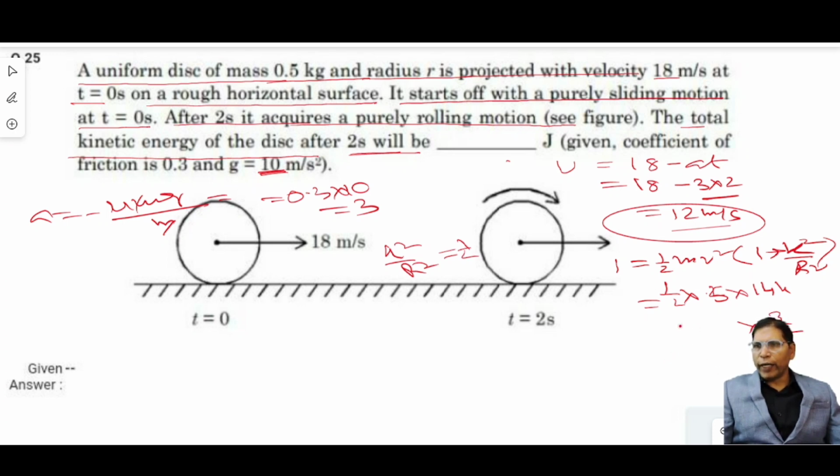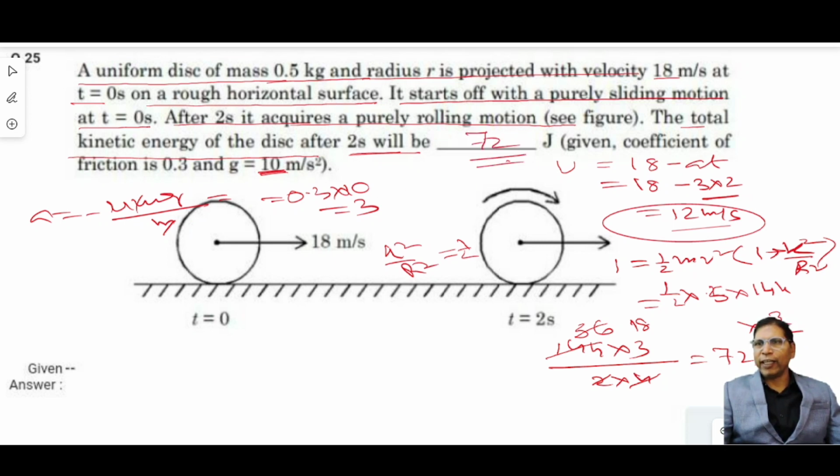Now this is 1/4. So 144 into 3 divided by 2 into 4. Now this and this is 36. This and this is 18. Therefore 72 joule is the total kinetic energy. So 72 is the answer.